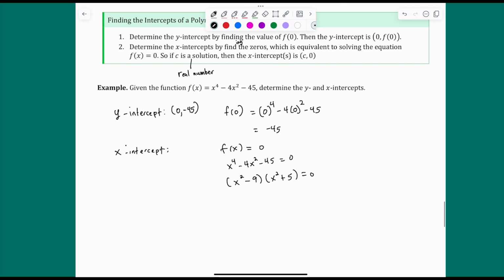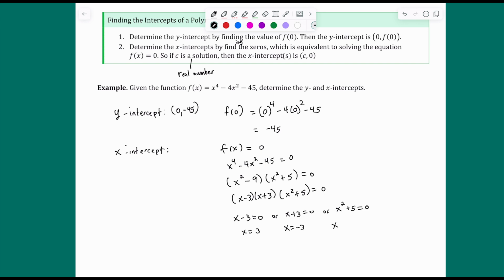So using the zero factor property, we first factor completely here. x squared minus 9 factors as x minus 3 times x plus 3. Technically, we could factor x squared plus 5 using radical numbers, but I'm going to leave it alone like that and use the zero factor property. So we have x minus 3 is equal to 0, or x plus 3 is 0, or x squared plus 5 is 0.